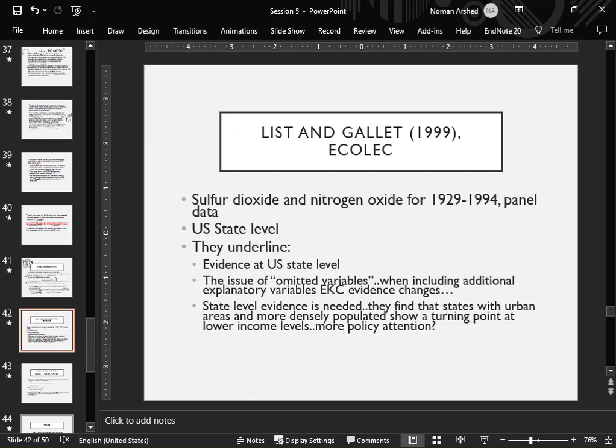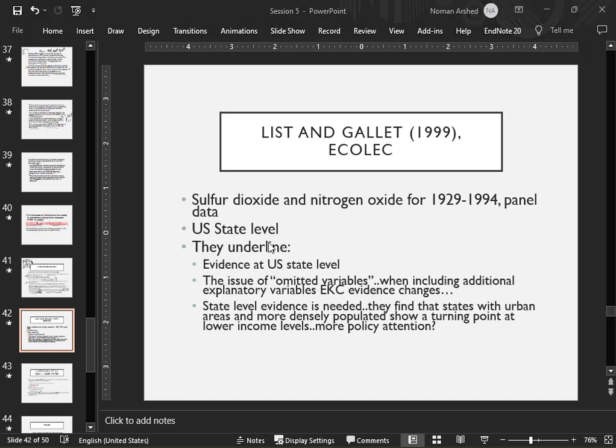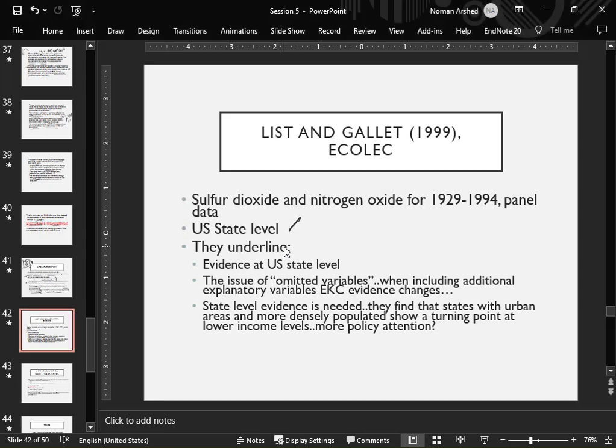Now we are studying some studies like List and Gallet. They used sulfur dioxide and nitrogen dioxide in panel data of US states. The issue of omitted variables arises when including additional explanatory variables. So what the EKC is saying is that when we change the control variables, the nature of the EKC changes, which means that it has an omitted variable problem.